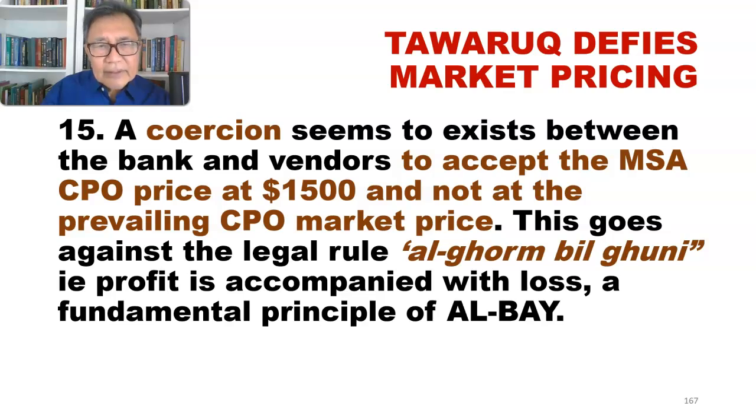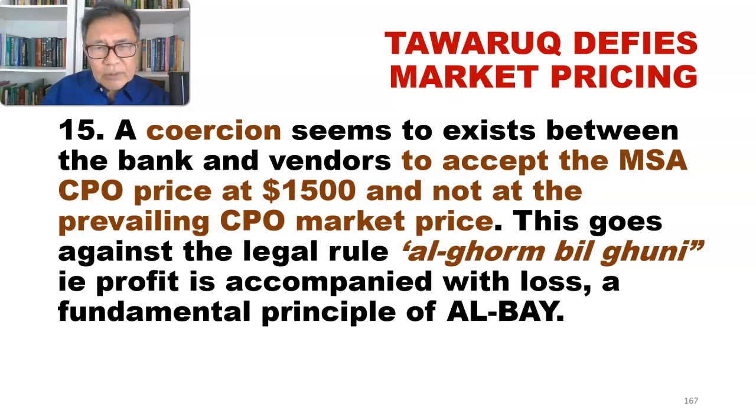So we can see why it is that the Tawaruq system insists on fixing the MSA price at 1500? Because to ensure that there is outcome certainty in the Tawaruq contract. So a coercion seems to exist between the bank and the vendors to accept the MSA CPO price at 1500, despite the possible movement of the CPO price up and down.